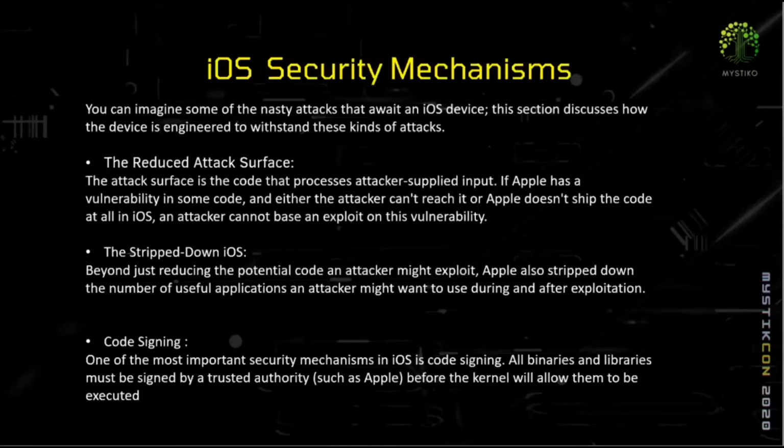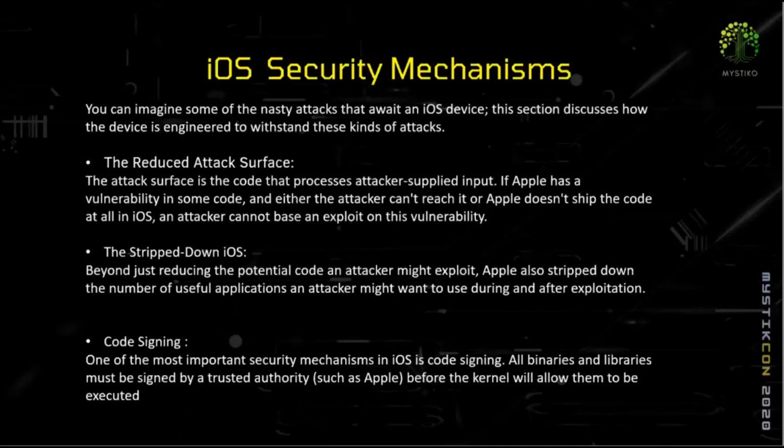Third will be code signing. Now, this is one of the most important security mechanisms in iOS, because all the binaries and libraries must be signed by a trusted authority, as we had discussed earlier, before the kernel allows them to be executed. Furthermore, only pages in memory that come from signed sources will be executed.